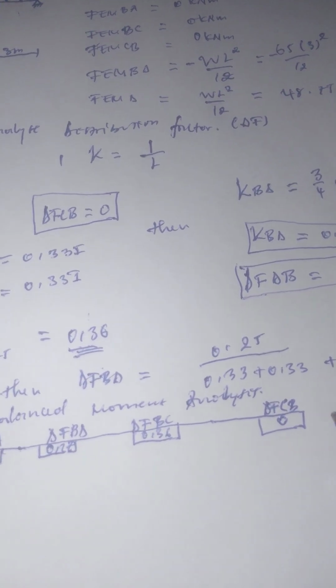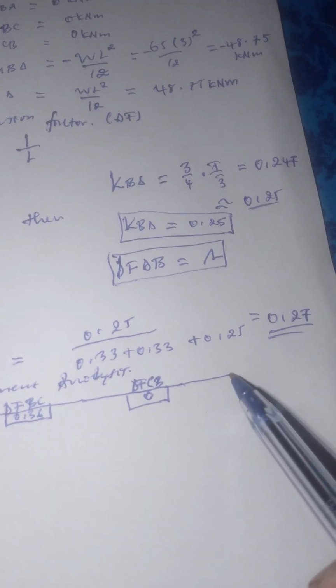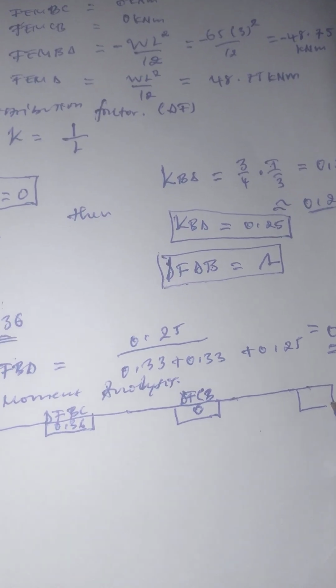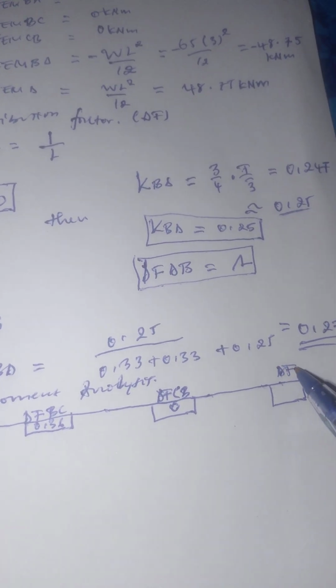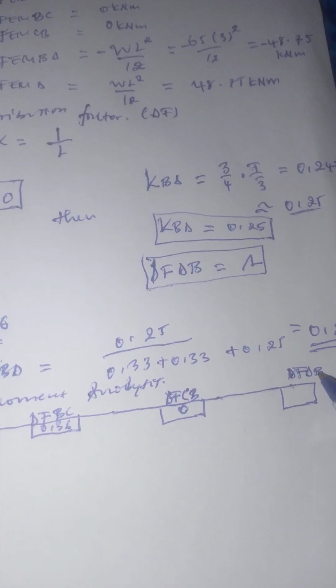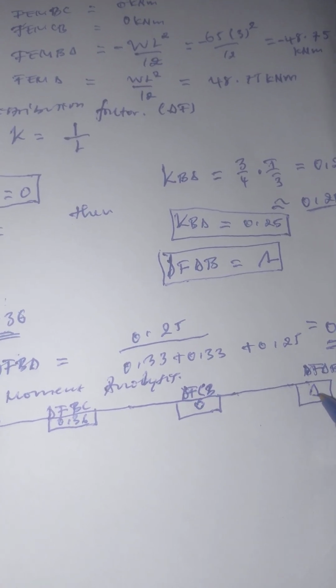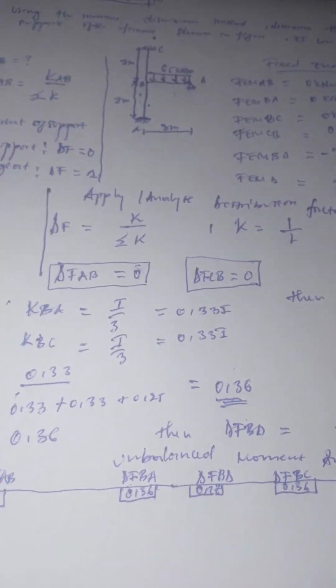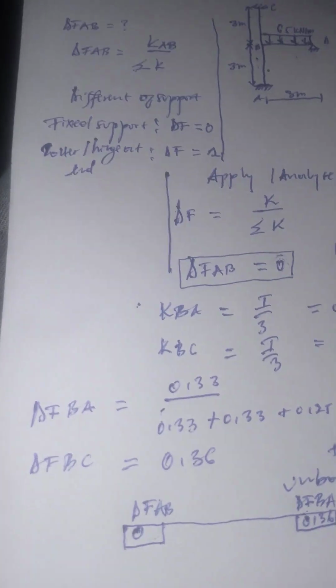Another is distribution factor BB is equal to 1, as this one.